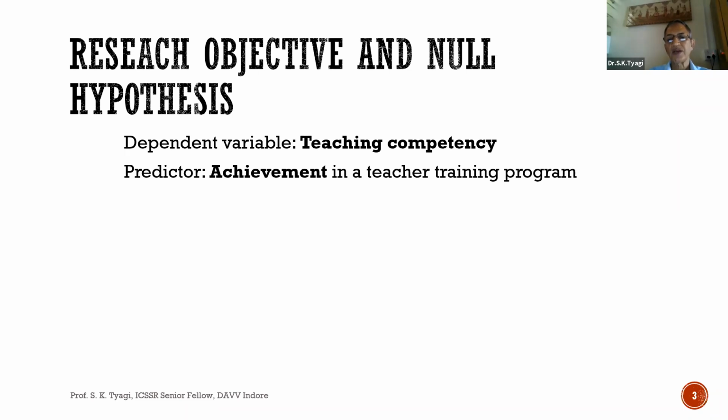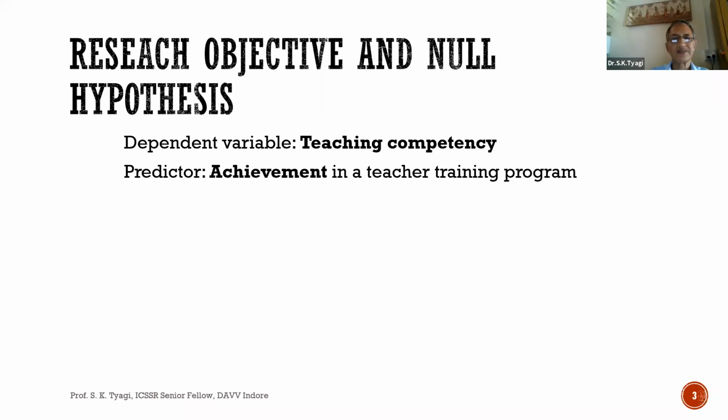So we have teachers teaching in schools. Some of them are competent, some less competent, some more competent. We want to see whether their competency is in any way related with the achievement in the teacher training program.